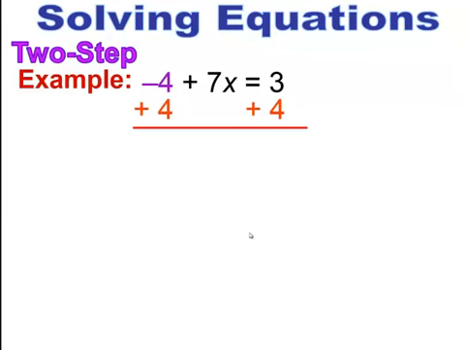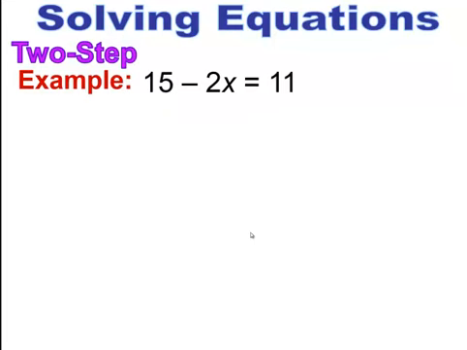So you add 4 to both sides, that's going to get rid of that negative 4, and you're left with 7x equals 3 plus 4, which is 7. Now you'll deal with what's attached to the variable. And remember, when something's attached, it's multiplication. The inverse would be division. You're going to divide both sides by 7, and you'll get your solution. Your variable, or x, equals 1.